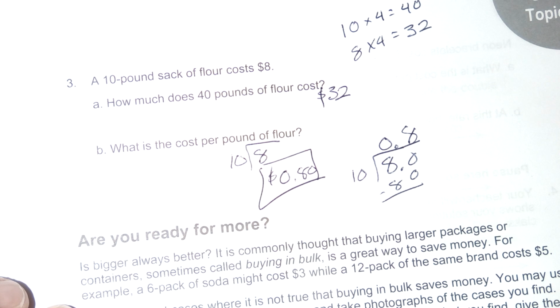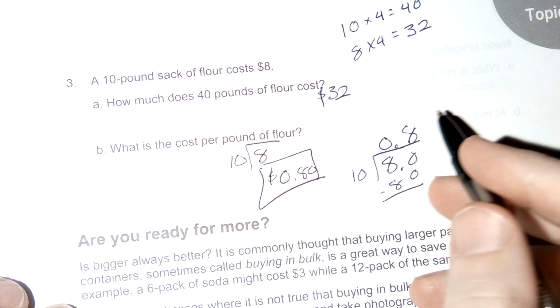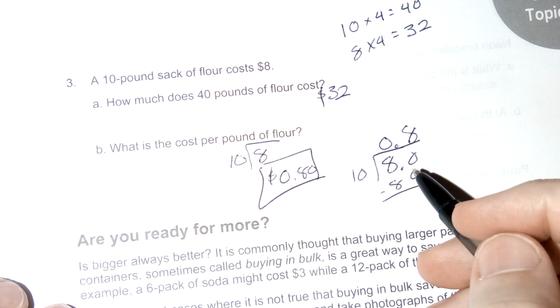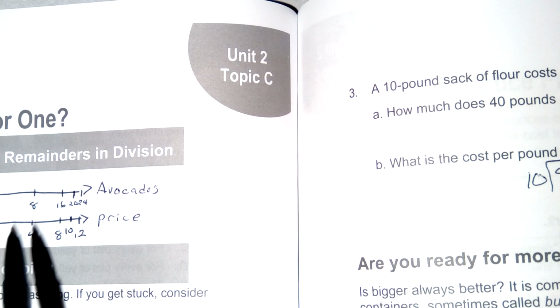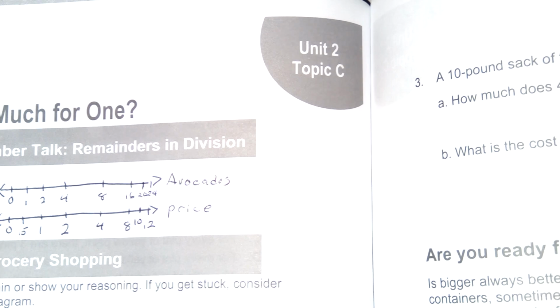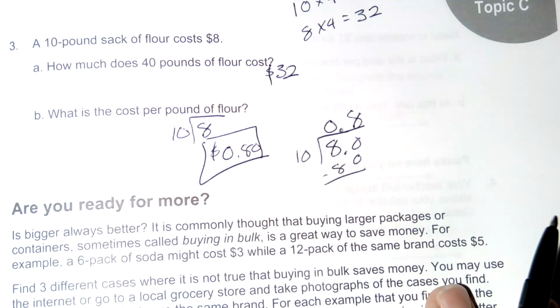And again, we could have used the double number line, but division is really a lot quicker. If you're happier with the double number line, by all means, go ahead. If you want to draw diagrams, by all means, go ahead.